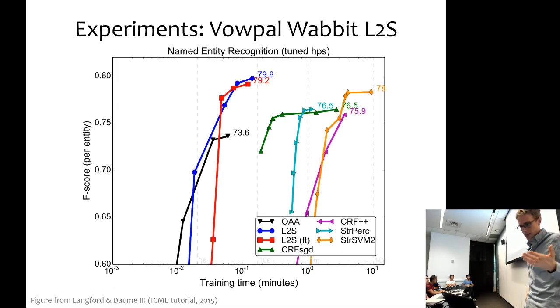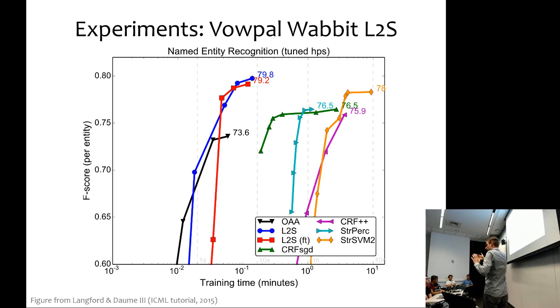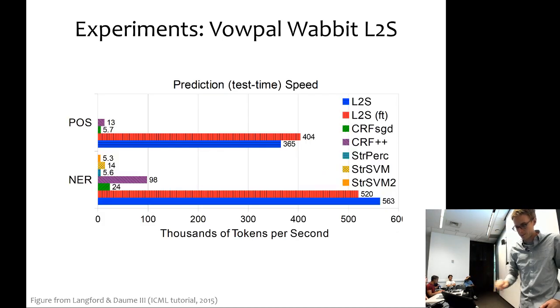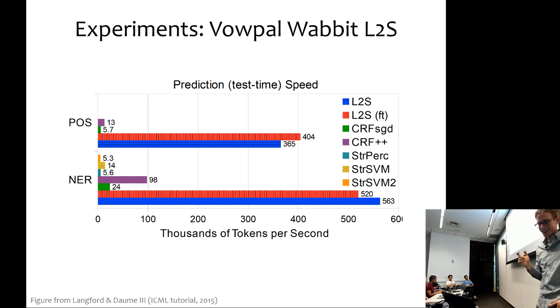This is another task, named entity recognition, where it's trying to detect in sentences the occurrences of people or locations or organizations. And again, you see the same sort of trend where learning to search is doing really well. This is the number of thousands of tokens per second that these methods are giving us.